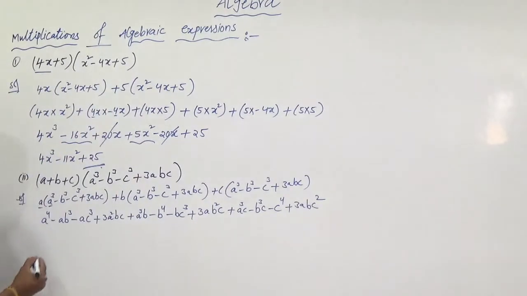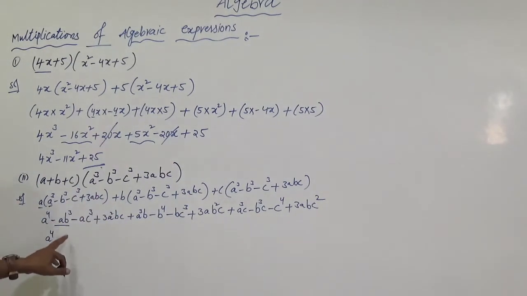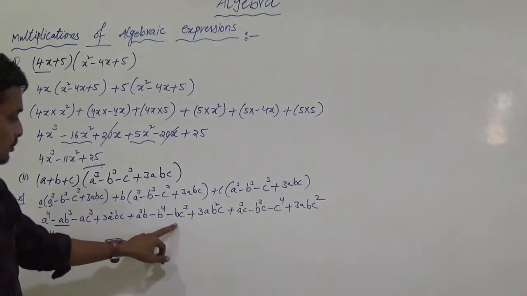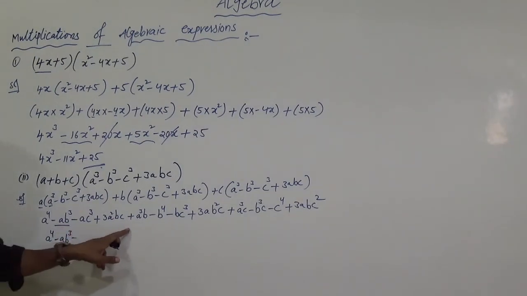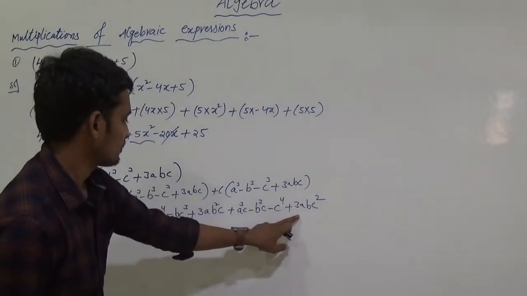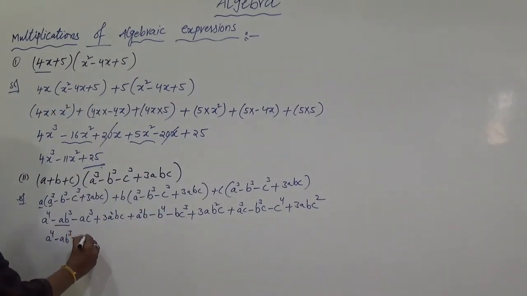Now we are simplifying. This is a power 4. Here ab cube: is there any other ab cube? There is none, that's why I am writing ab cube. Minus ac cube: is there any other ac cube? No, so we write ac cube.